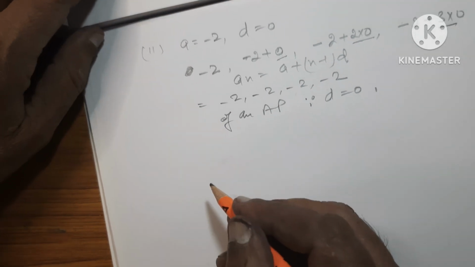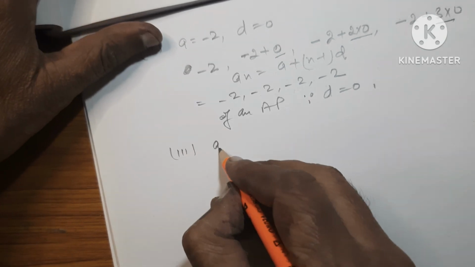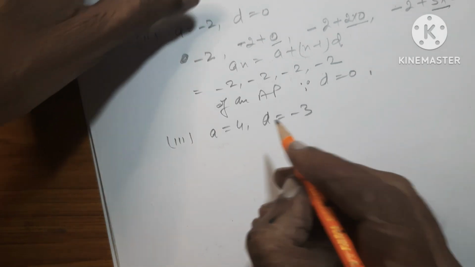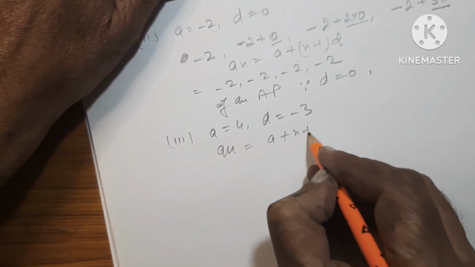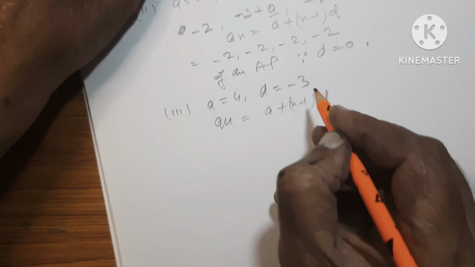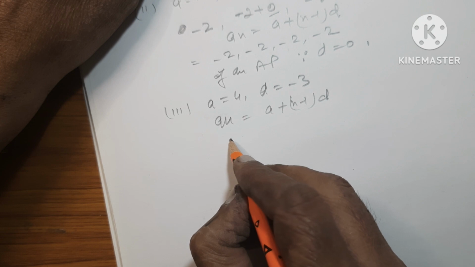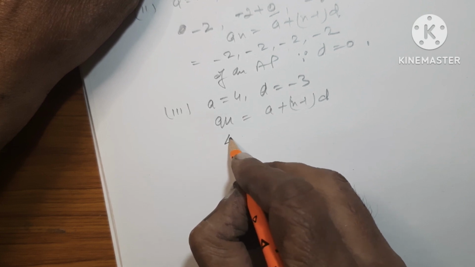Now the third part is A equals 4, D equals minus 3. So we'll use the formula a n equals A plus n minus 1 into D. The first term will be 4.